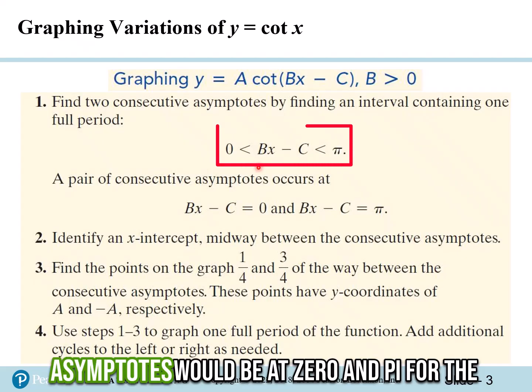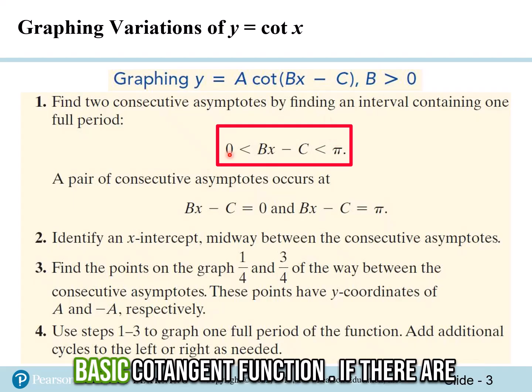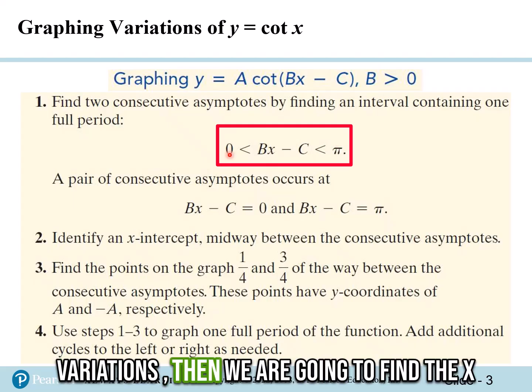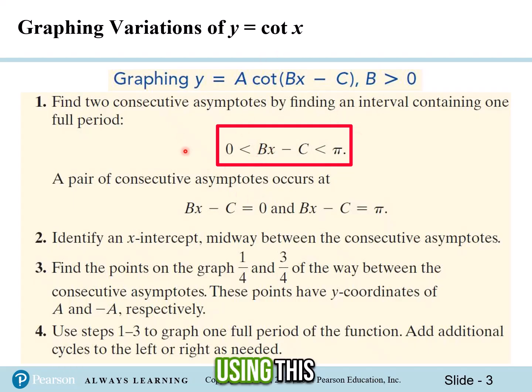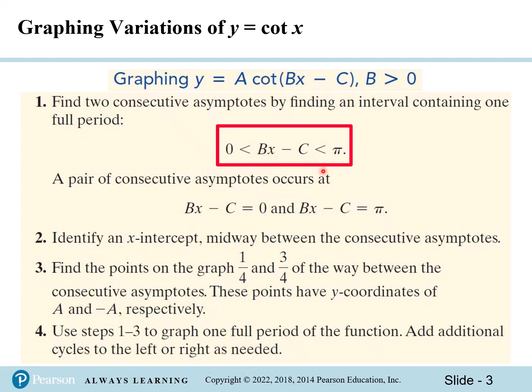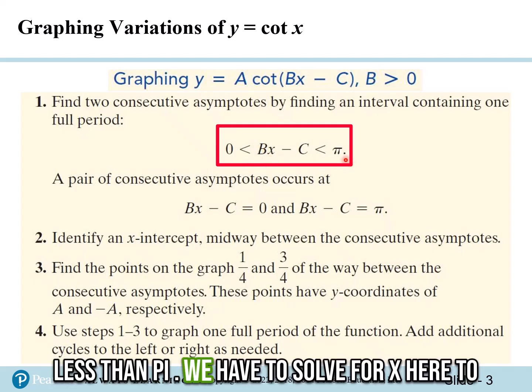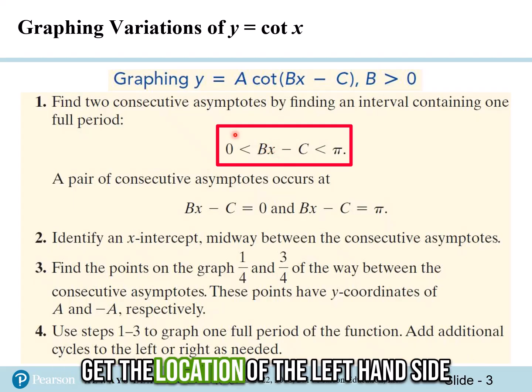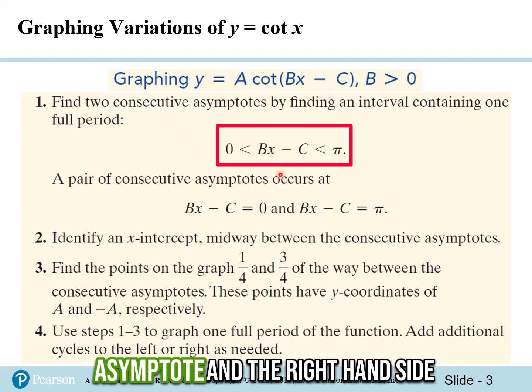The asymptotes would be at 0 and pi for the basic cotangent function. If there are variations, then we are going to find the x values using this expression, 0 less than bx minus c less than pi. We have to solve for x here to get the location of the left-hand side asymptote and the right-hand side asymptote.